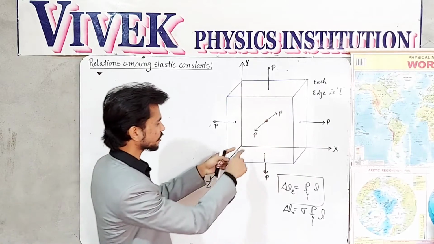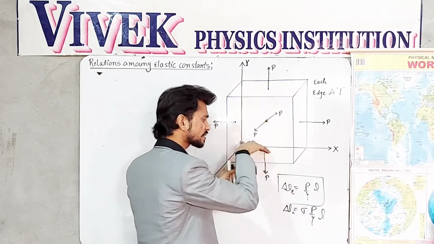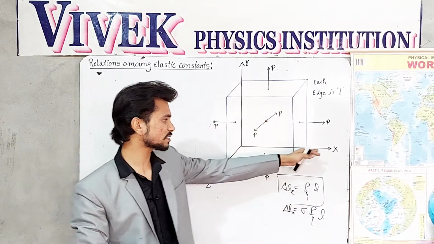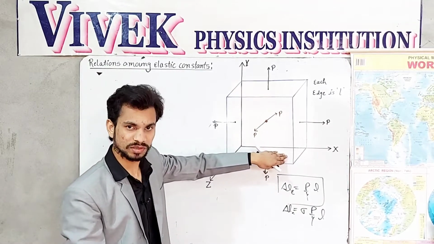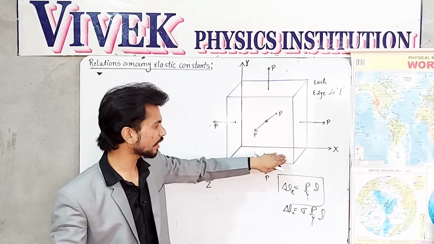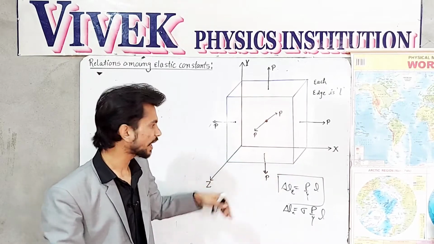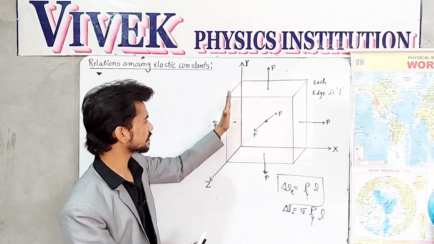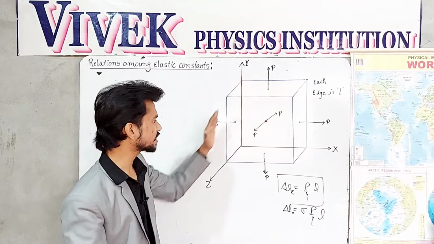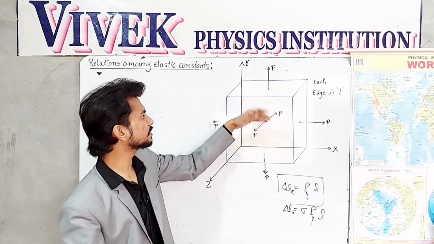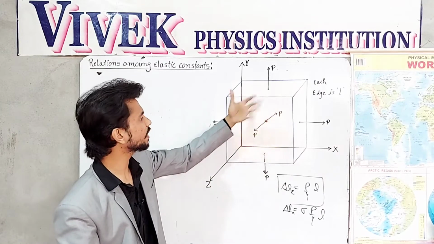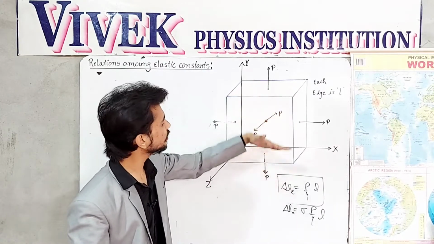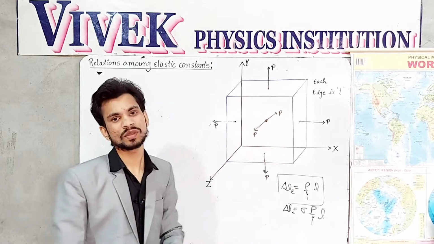This is the x axis, this is the z axis, this is the y axis. This face is lying in the y and z plane, and the front face is taken in the x and y plane.